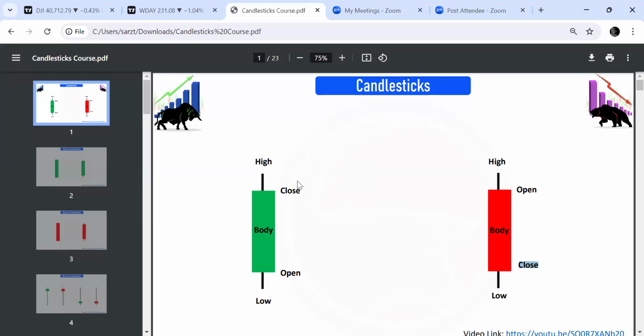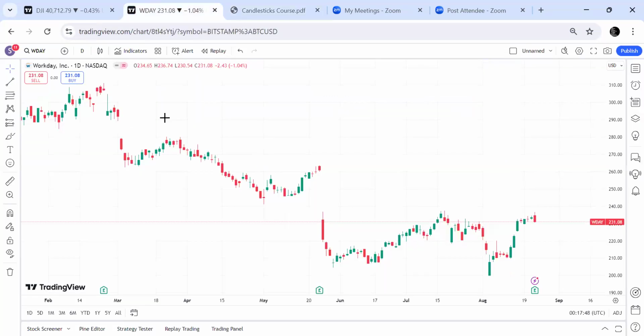Before we start, we need to understand some key points. First of all, for every candle, location matters. The significance of a candlestick or pattern is heavily influenced by its location on the chart.